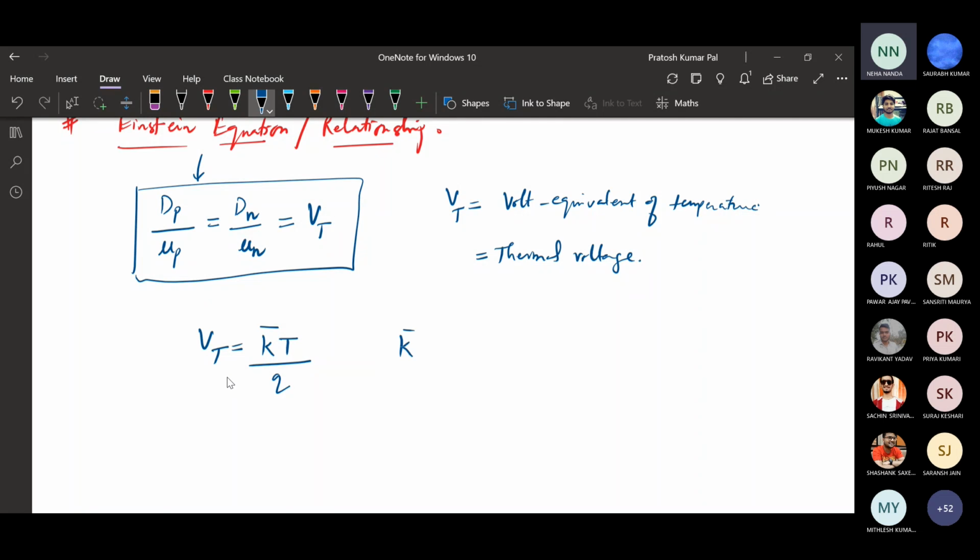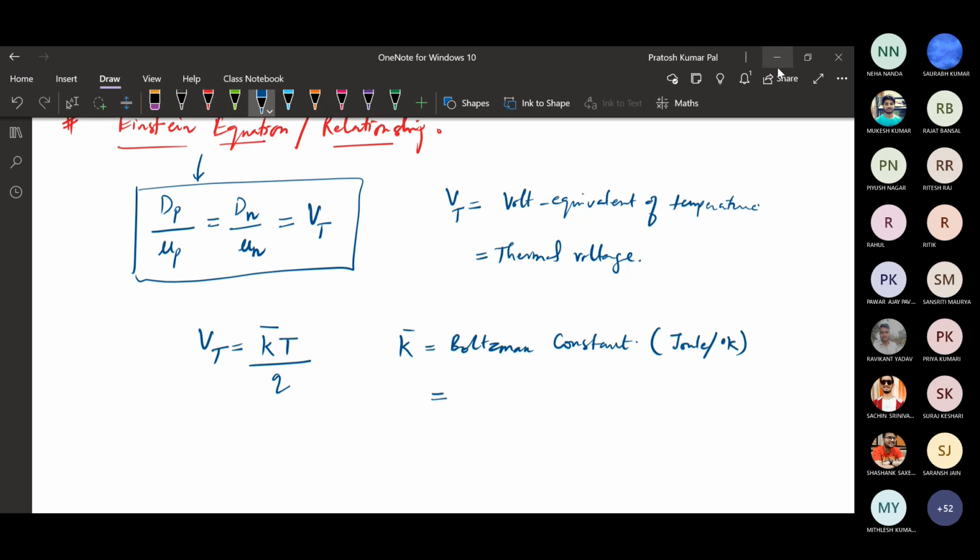Here k bar is the Boltzmann constant, and its value is given in the unit joules per degree Kelvin. So this is your Boltzmann constant.